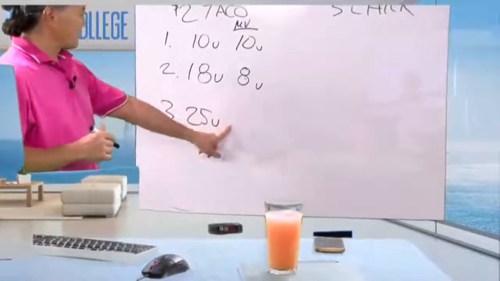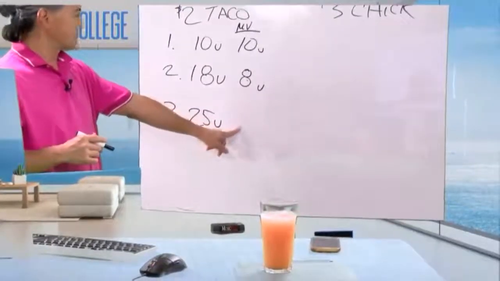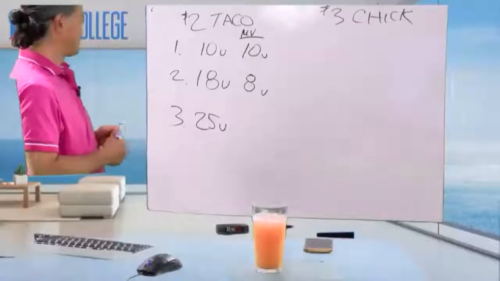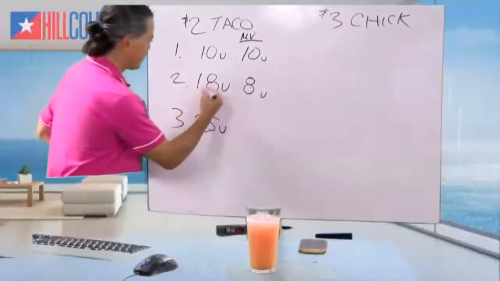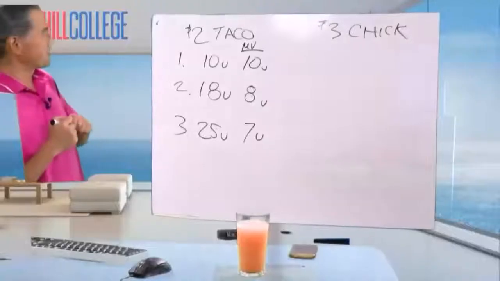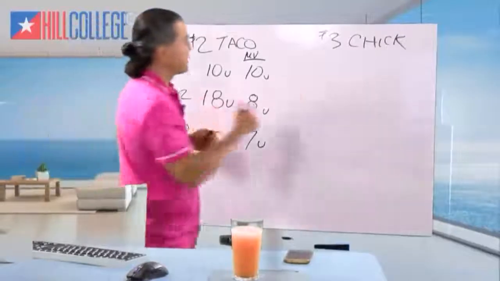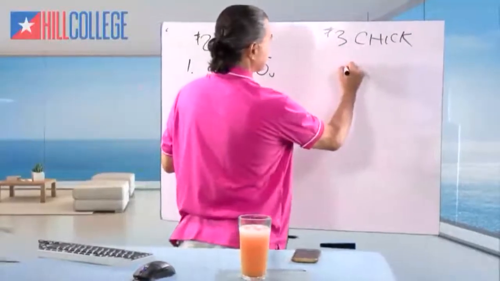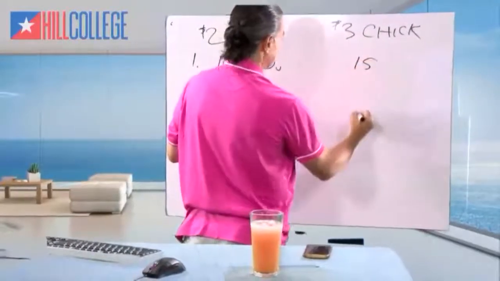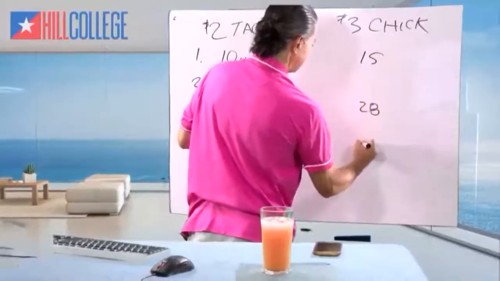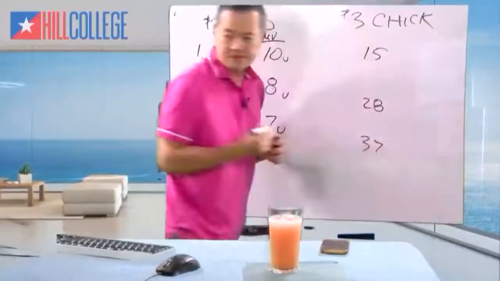So how many utils would that third taco add? 7. Yeah, 7. So we have a diminishing marginal utility. So with chicken, we have 15, 28, 37 utils.